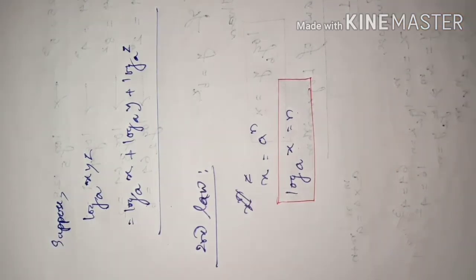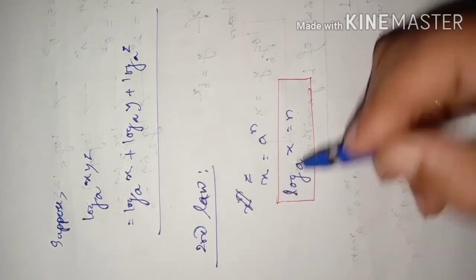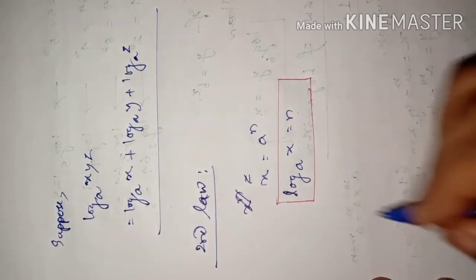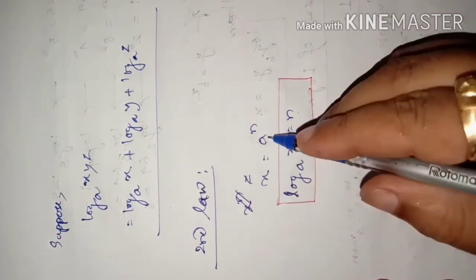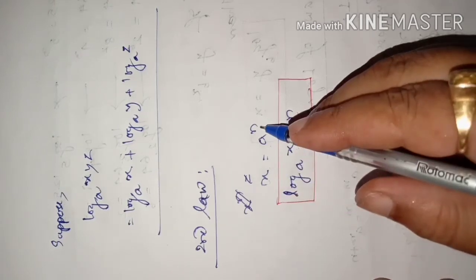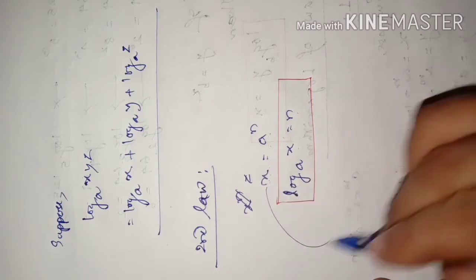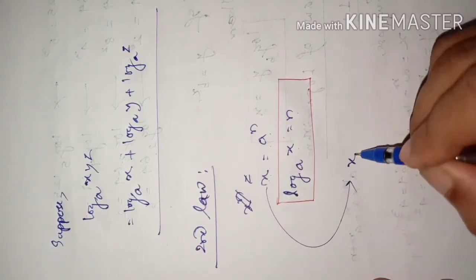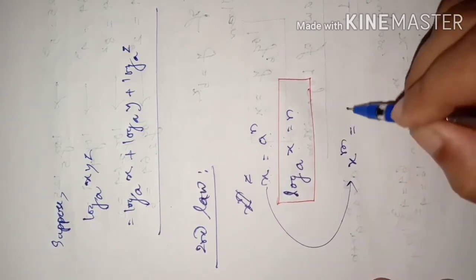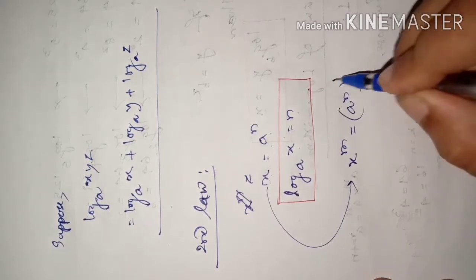Now again you see here, suppose I raise the power of both sides to m. Raise x to the power of m, which is equal to a to the power of n also raised to m, raising the power of both.